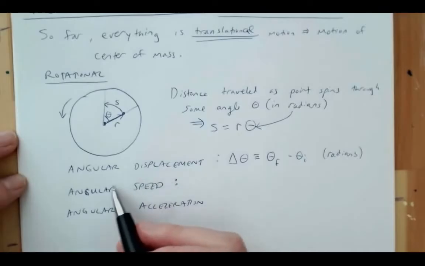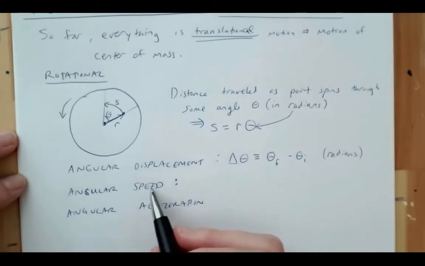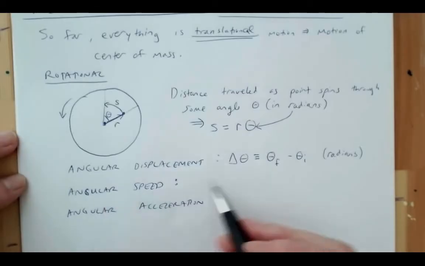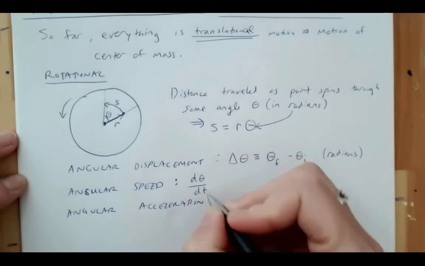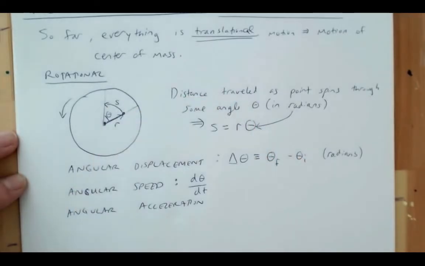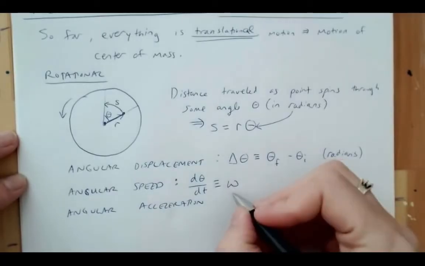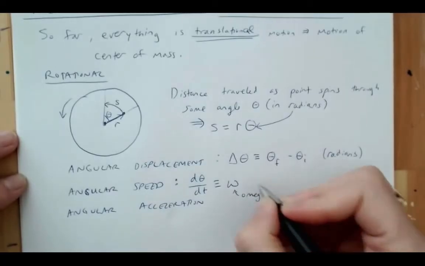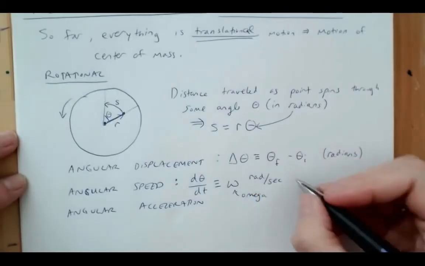Before we had that translational velocity was delta x over time. So it makes sense that angular speed would be d theta dt, how quickly that angle is changing. And that's going to be defined as omega, so not a w, but an omega, and that's going to be in radians per second.